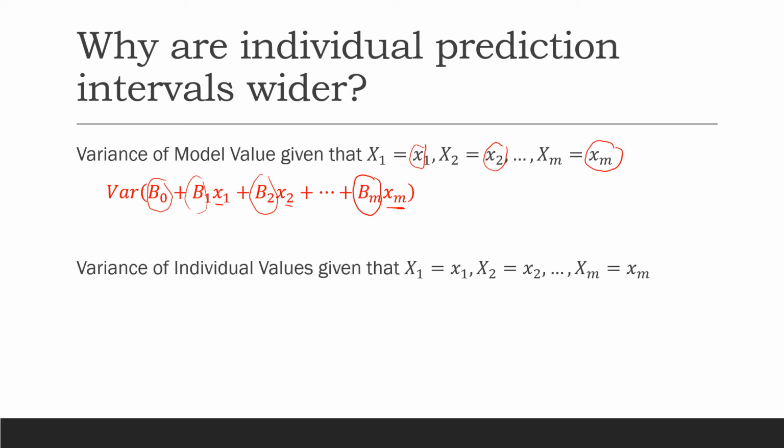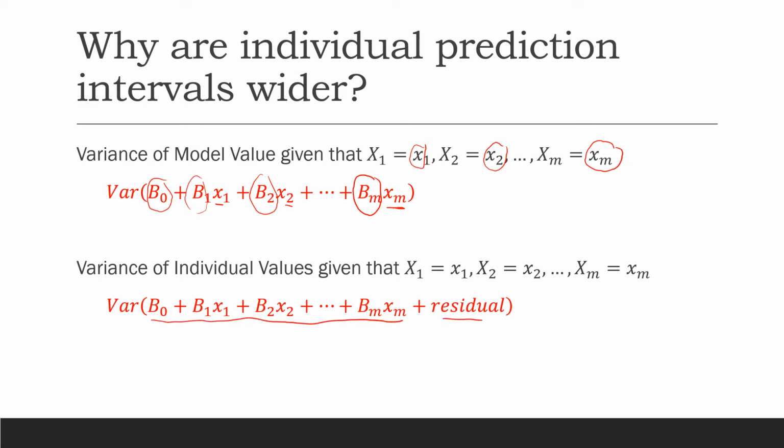Now, if I look at the variance of individual values, remember, individual values are the model values, the same thing that I saw above, plus the residual. What we see here is that I can break this up into two pieces: the variance of the model value plus the variance of the residual.